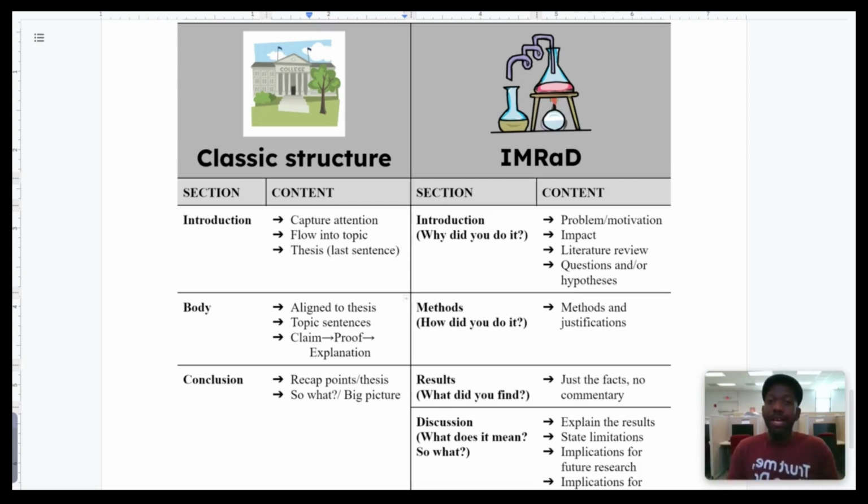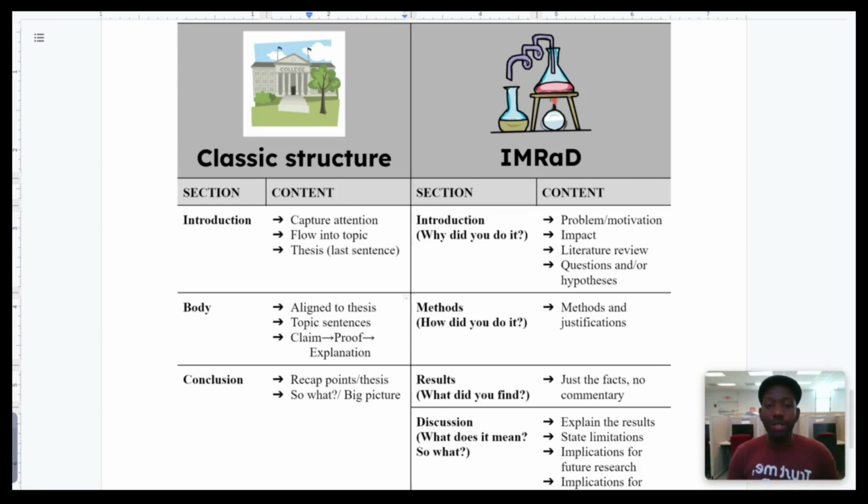That's the lit review, and then you end that introduction section, which can be broken down into multiple mini sections, with your hypothesis or your questions that you wanted to answer for your study. So here's what the problem is, here's the impact, here's what other people have thought, and now here's how I wanted to approach it. Here are my questions, my hypothesis. This is what I wanted to see, to examine.